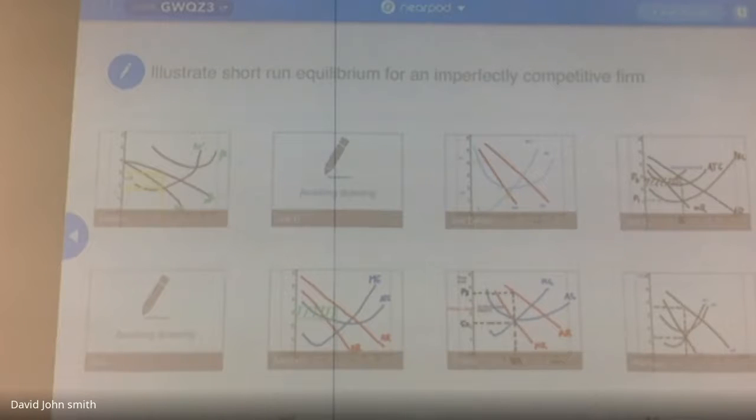That's usually going to be at an upward sloping section on average cost. We need to make sure we know that it can't be past here.